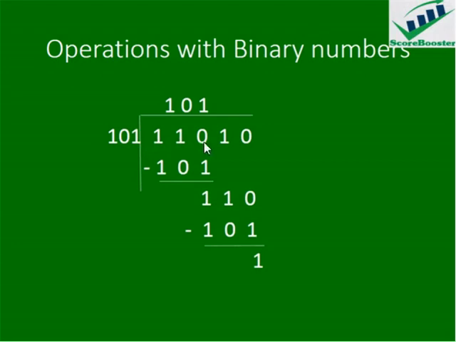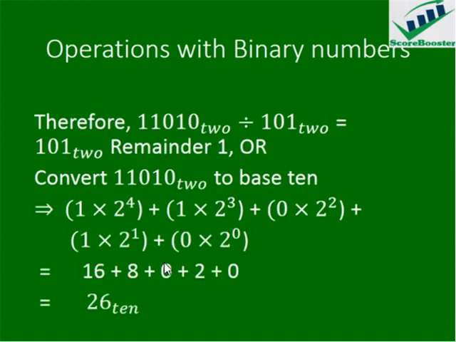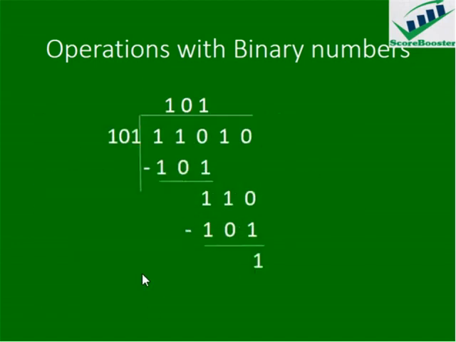Then 110 is greater than 101, and we can see 101 just once in 110. So that is why we write 1 here. As we normally do our long division, 101 multiplied by 1 gives 101.